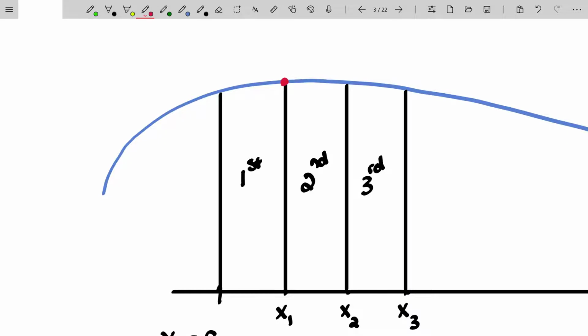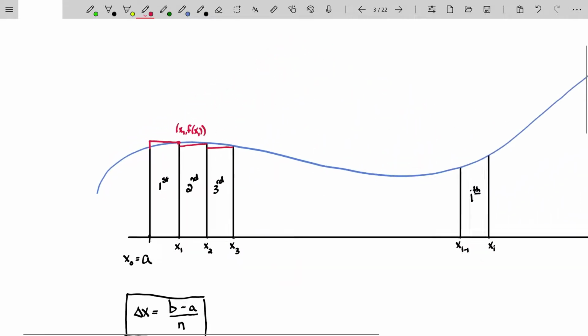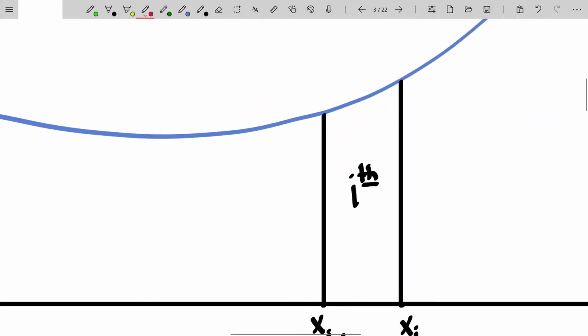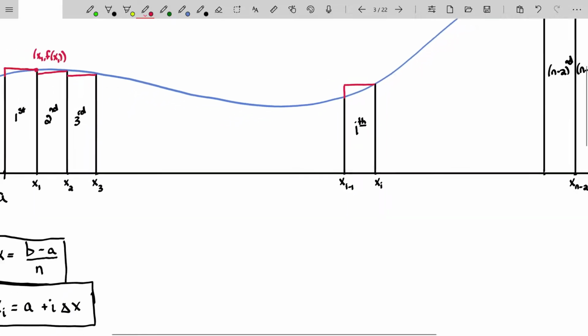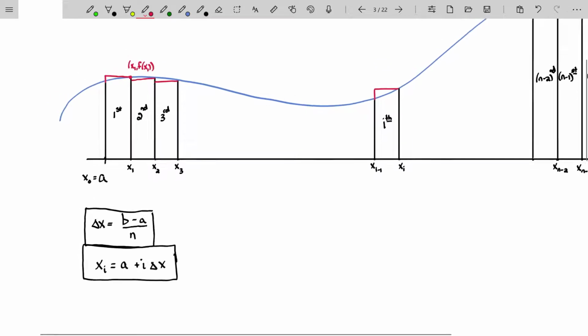If we do that, the right edge point of the first interval is right there, and it's based upon the point X sub 1 comma f of X sub 1, which makes the math a lot easier because then we can say the height of the first rectangle is f of X sub 1, the height of the second rectangle is f of X sub 2, the height of the third rectangle is f of X sub 3, and in general, the height of the ith rectangle is f of X sub I. And all we want to do is add up all those areas.